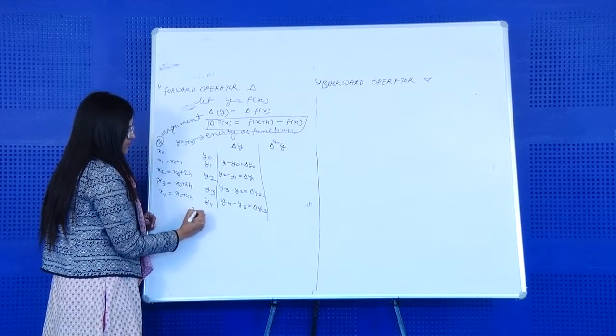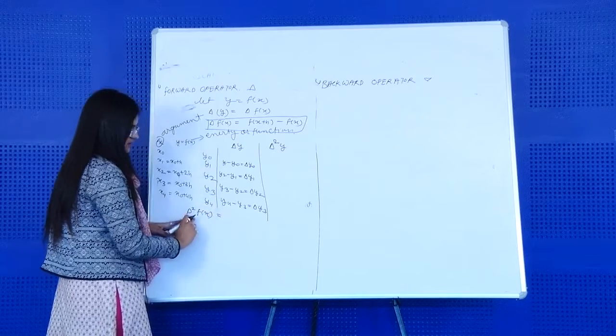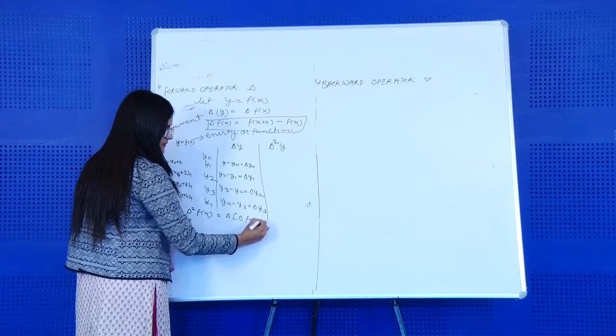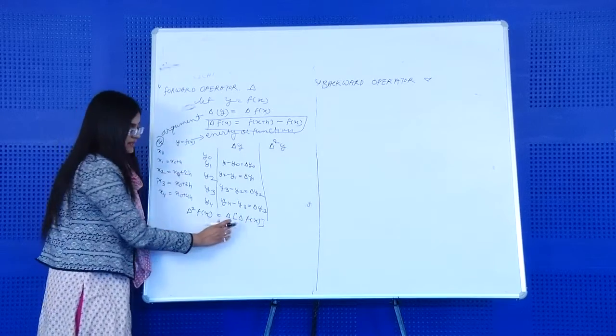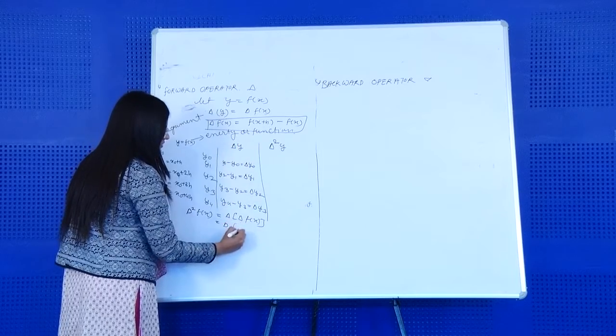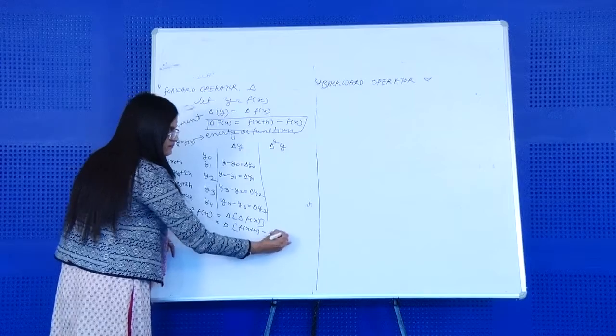So delta square of f of x is nothing but delta of delta of f of x. Delta of f of x, with the previous definition, is f of x plus h minus f of x.